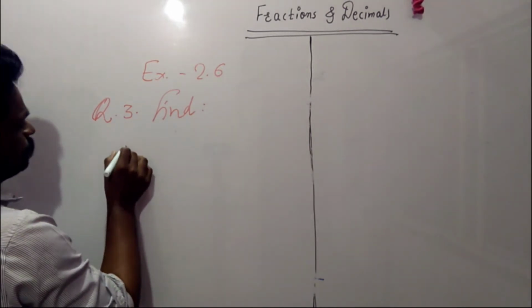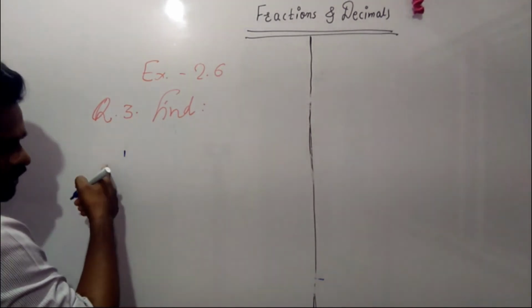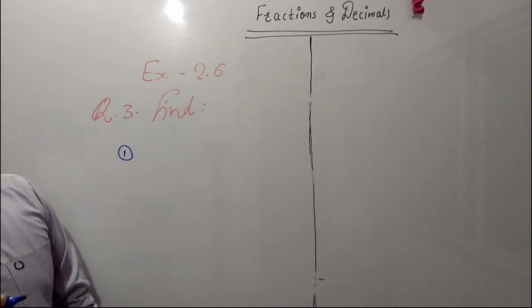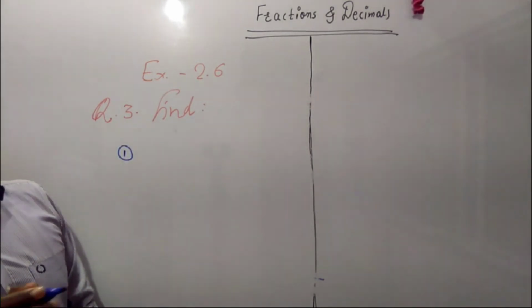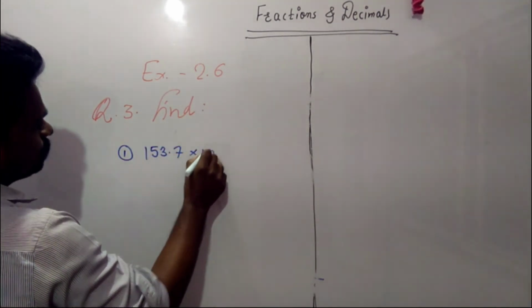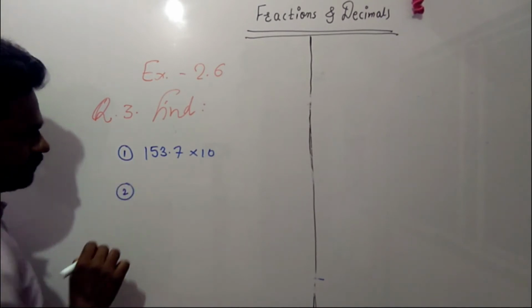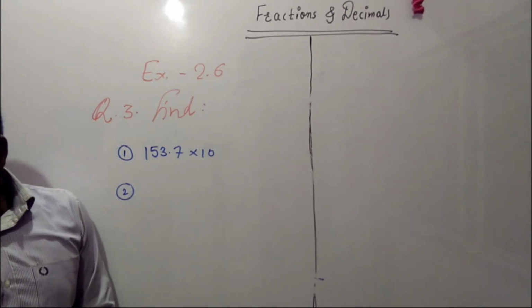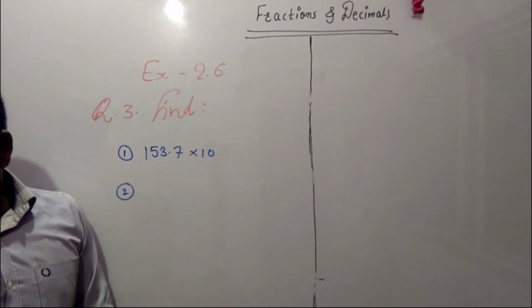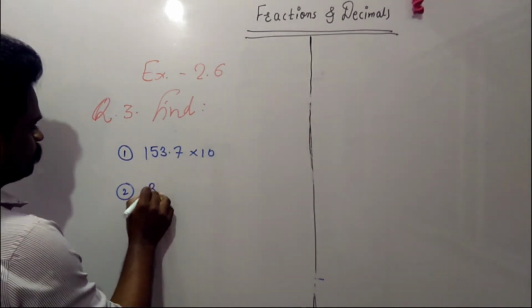First example, 153.7 into 10. Second example, 3.62 into 100.